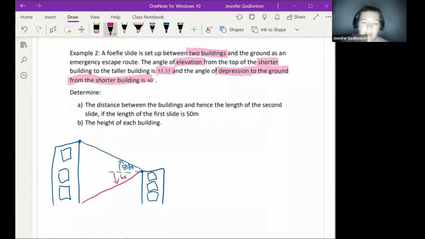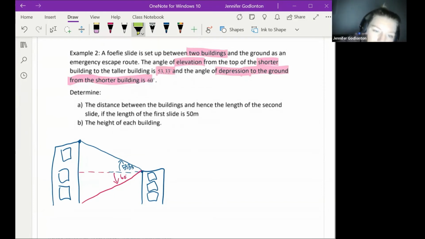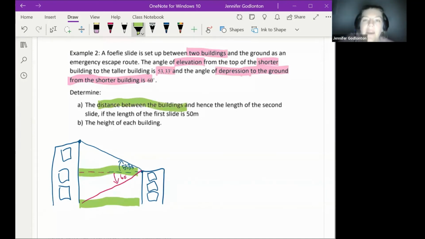Now, the first thing that they want is the distance between the buildings. That's basically this line over here. Sorry, I don't know why my highlighter's not working. Let's try that again, that line. Or you could do this line down here, it doesn't matter. The distance between the buildings, that's what this is talking about, and hence the length of the slide, if the length of the first slide is 50 meters.